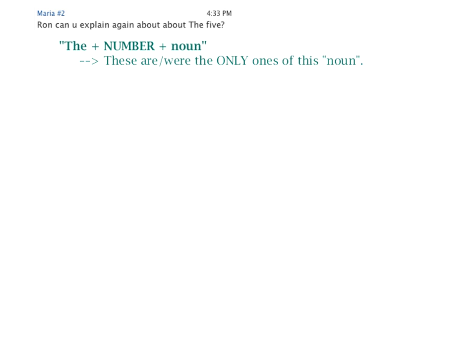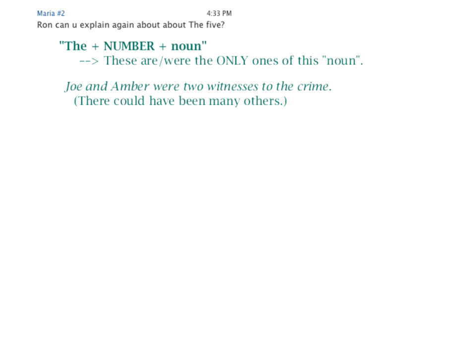If I say Joe and Amber were two witnesses to the crime, this is not an exclusive statement. This means that Joe and Amber did see the crime happen, but there could have been hundreds of others who also saw the crime happen.